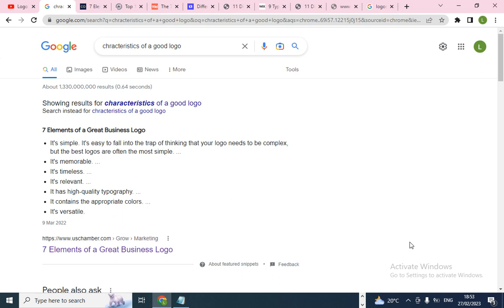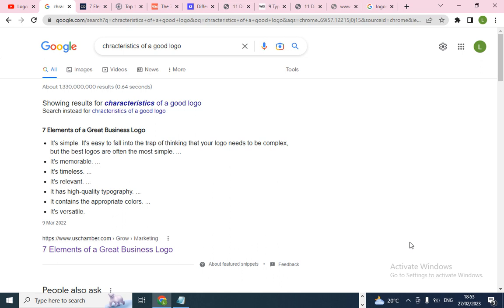Relevance is like being of use, being worthy. The logo should be able to represent what services the company is dealing in.